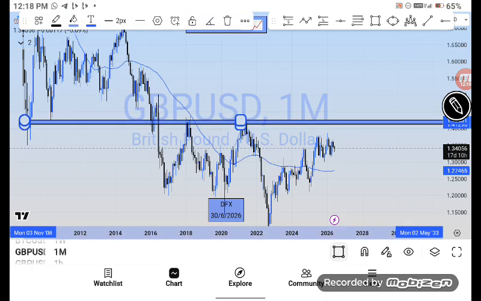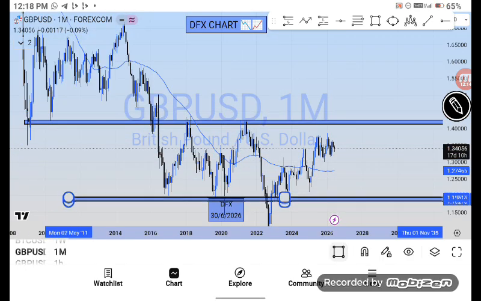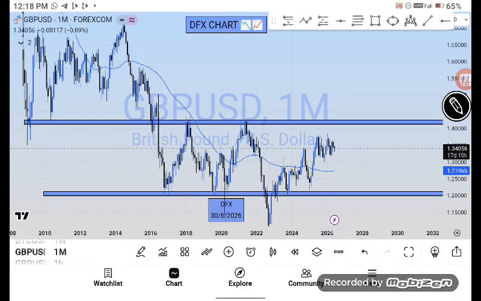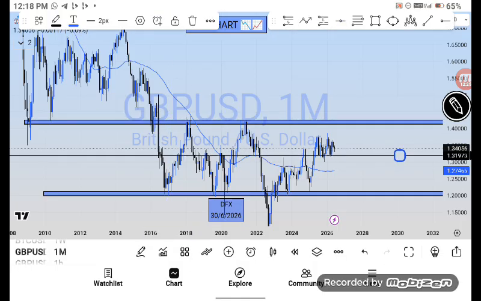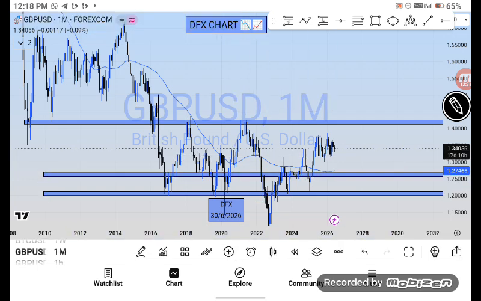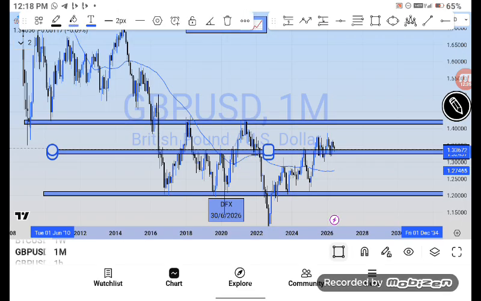All right, then clone. We have another one here. Although we have a minor structure in between, which using top-down analysis I can draw on the weekly time frame, better still I can put a zone there, so you see it.